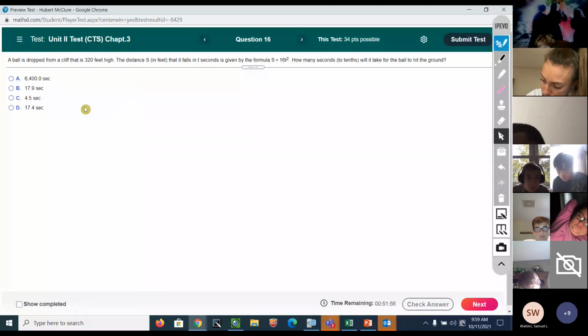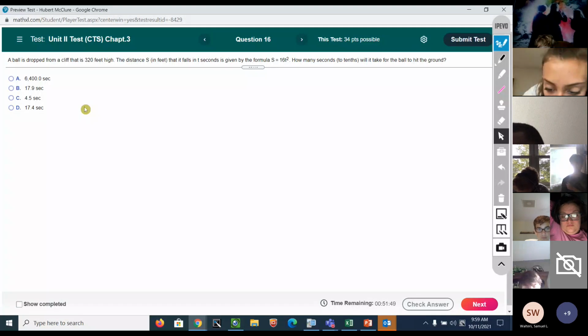Okay, 320 feet high is given by the formula S is equal to 16t squared.